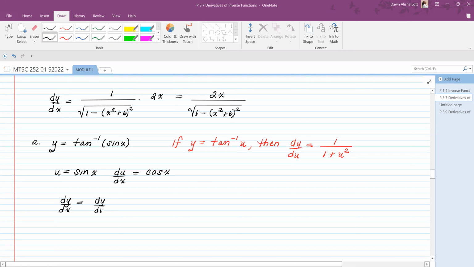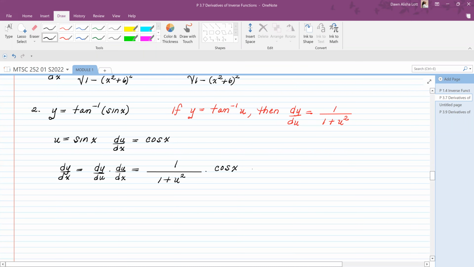And then 1 over 1 plus u squared times cosine x. Okay, and can you simplify that to the final answer? Cosine x over 1 plus sine x squared. Perfect. Any questions?